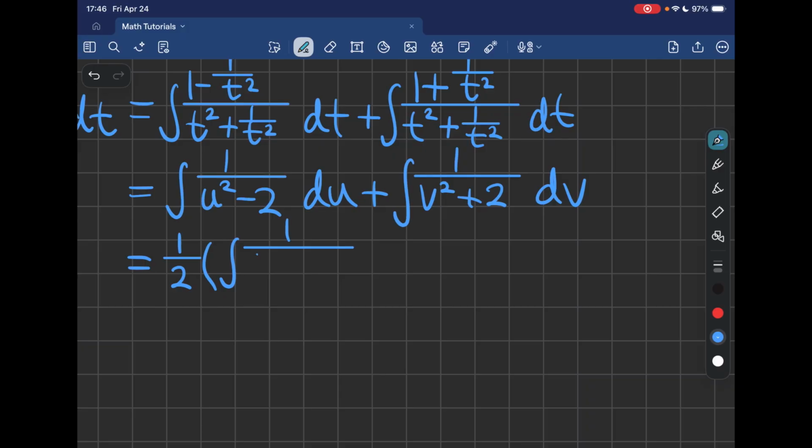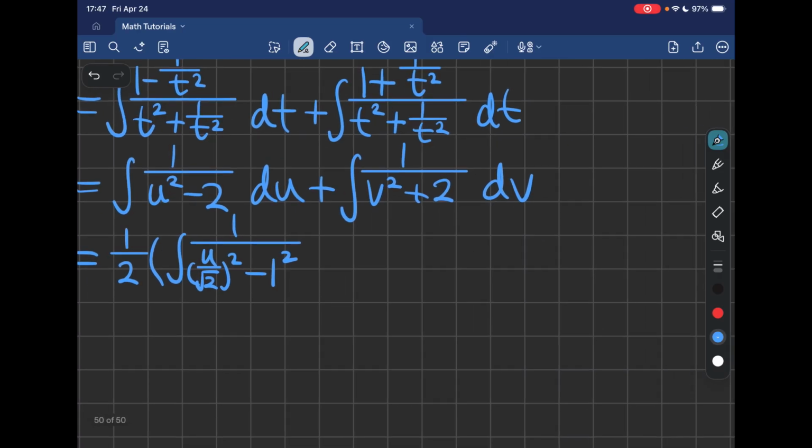So this becomes, let's write it as something to the power of 2. So now we have this. And since we pull out 1 over 2, we just have u over square root of 2 to the power of 2 minus 1 to the power of 2. I write this just for clarity. du, plus the other one follows the same pattern.